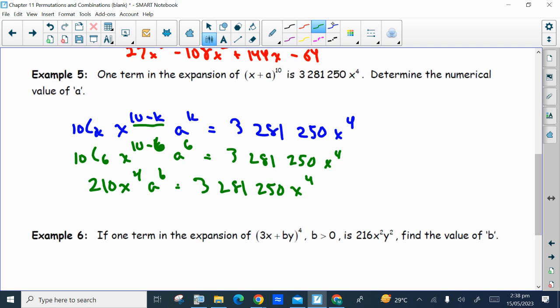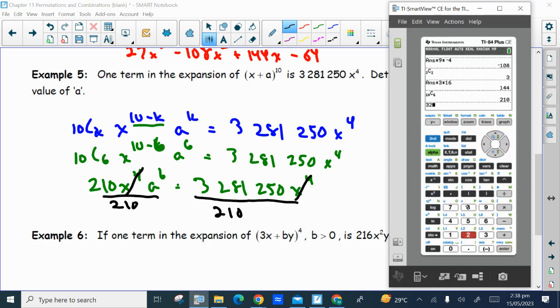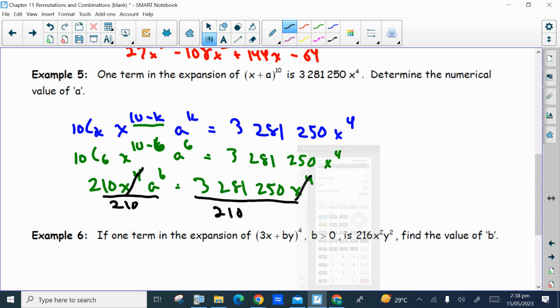So we can divide both sides by x to the 4th, and they cancel. And we can also divide both sides by 210. And this will give us what a to the 6th equals. 3,281,250 divided by 210 is 15,625. A to the sixth has to equal 15,625.